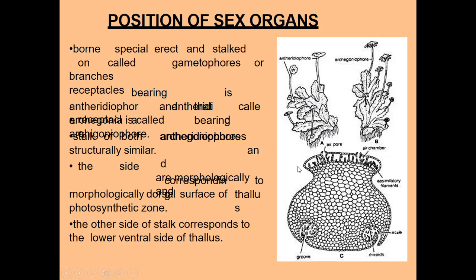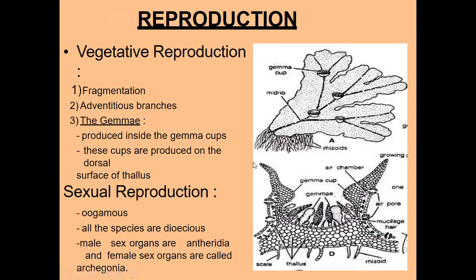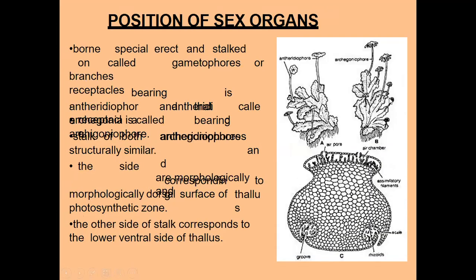Now when we talk about the male sexual organ, we call it the antheridia. I'm talking about the structure of the male thallus, referring to the male sexual organ. Marchantia is a thallus in which both the antheridia and the archegonia are developed on a receptacle, a stalk-like structure.